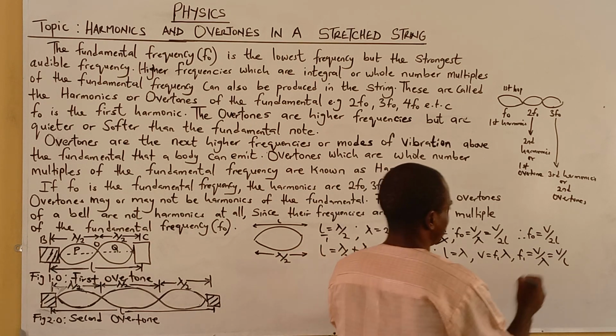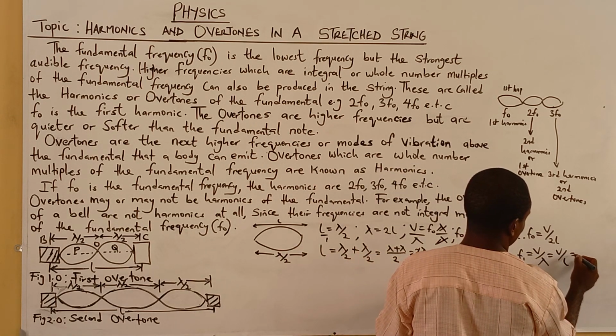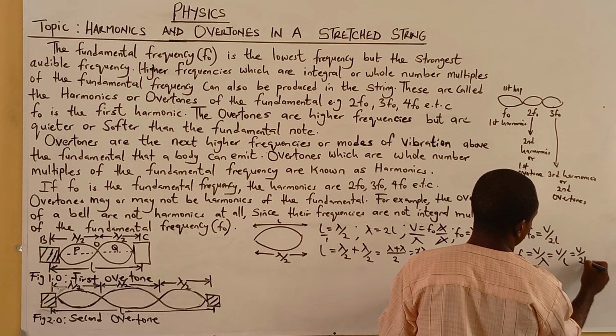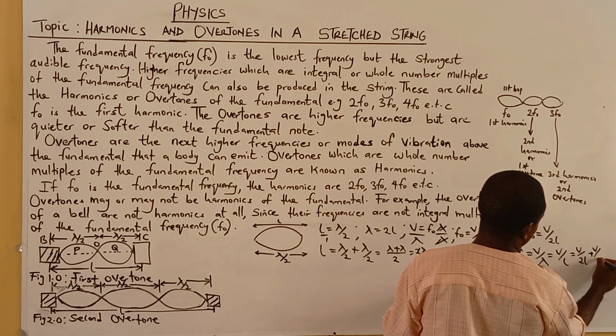Notice that when you bring these two together, it equals V over 2L plus V over 2L.